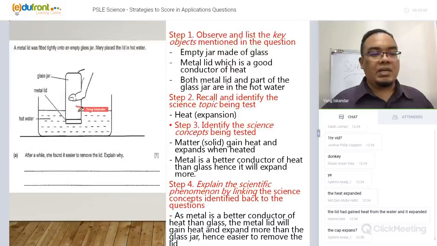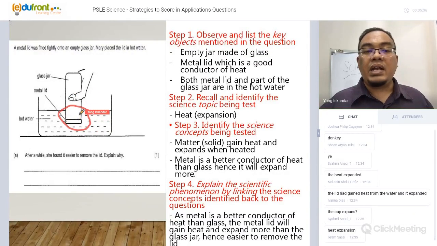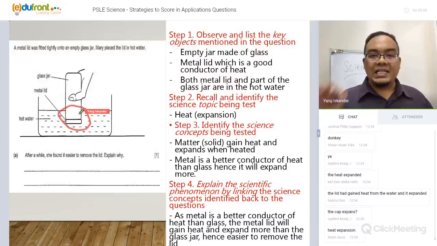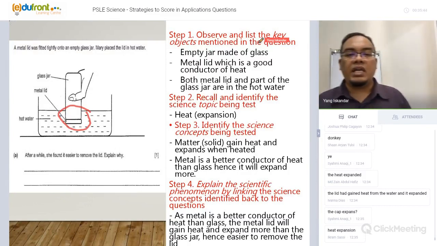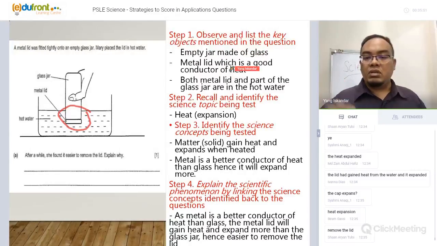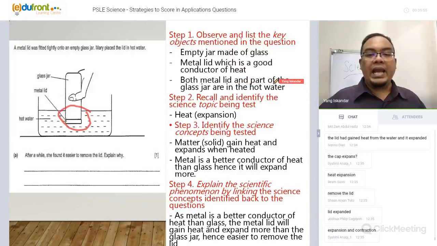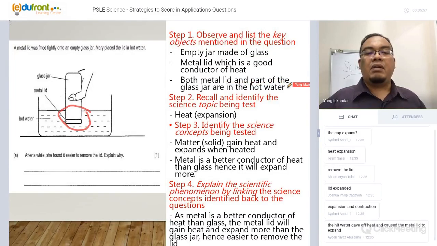But take note here, observe carefully, the glass jar was also inside the hot water, right? The glass jar, so this is the tricky part. That's why I say you need to observe. Part 1, step number 1, you need to observe at least the key objects mentioned. So it was an empty jar made of glass, and then the metal lid, which is a good conductor of heat. So both the metal lid and part of the glass jar were in the hot water.